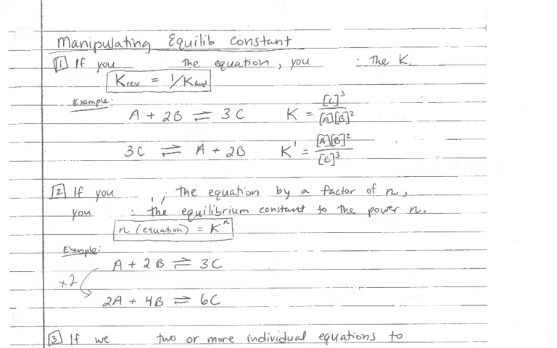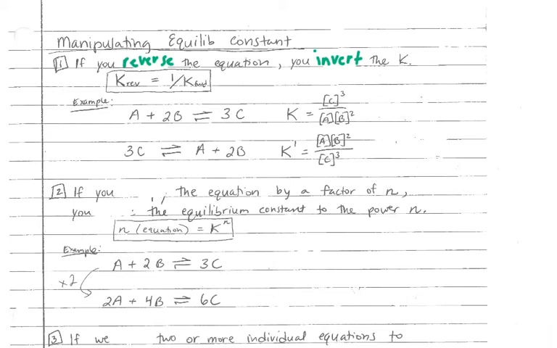All right, so the first rule is if you reverse the equation, then you invert the K, the equilibrium constant. So the K for the reverse reaction is 1 over the K for the forward reaction.